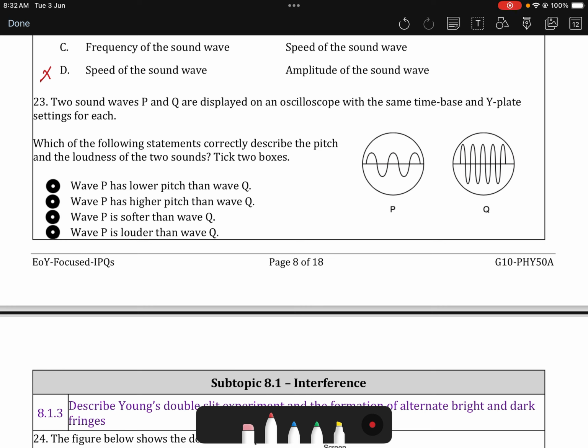Higher frequency means Q has higher frequency, so B has lower pitch. That's right. B has higher, no, that's not right. The third one, wave B is softer than wave Q. Yes, that is also right, clearly from the graph. And that's it for term 2. Thank you very much.